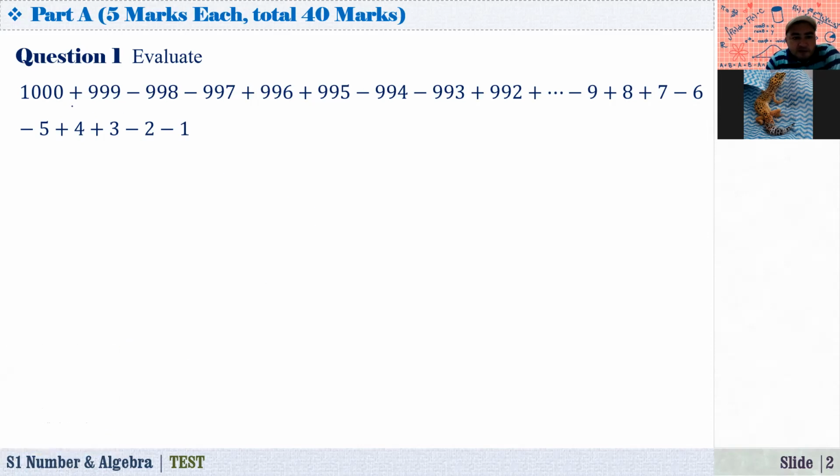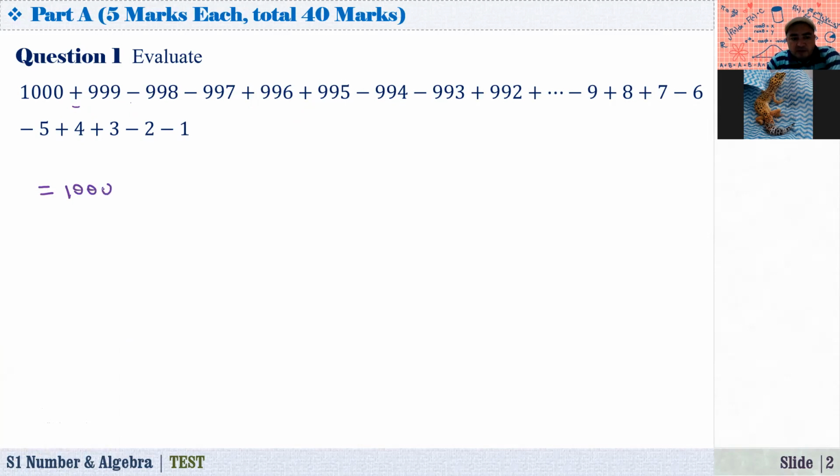So the first sign is plus, and after that we have minus, minus, and then plus, plus, minus, minus, plus, plus, minus, minus, right?